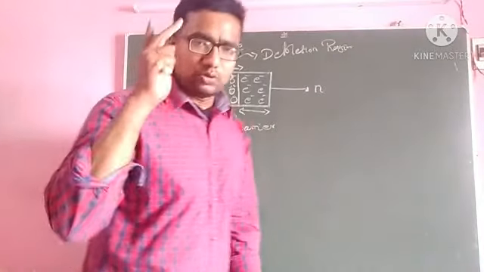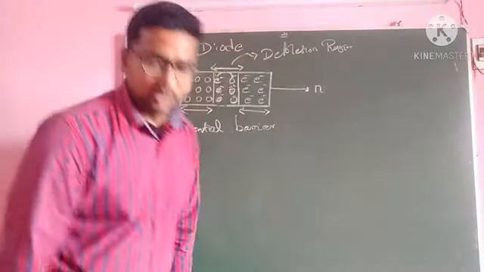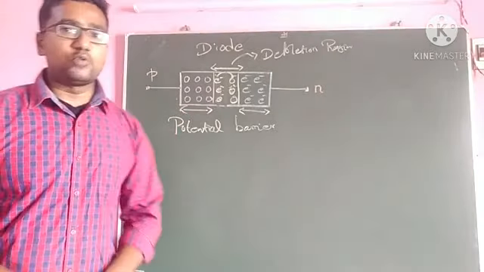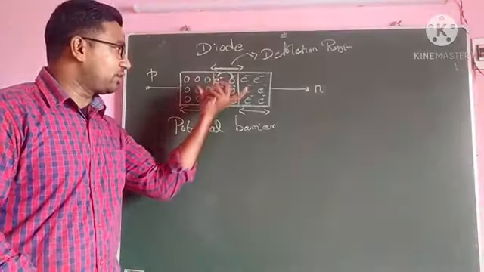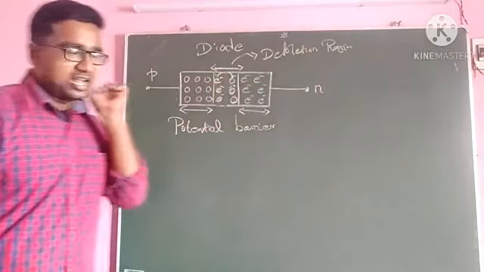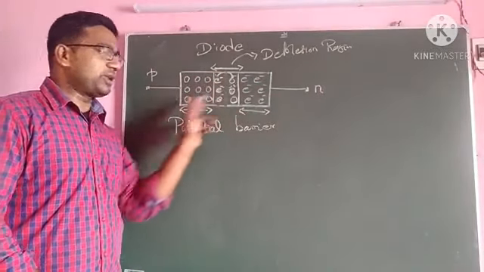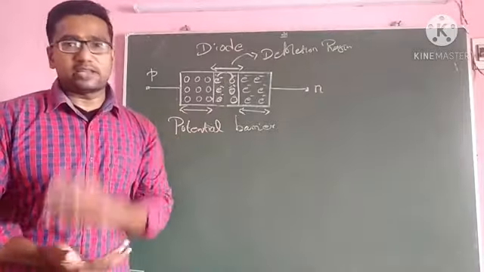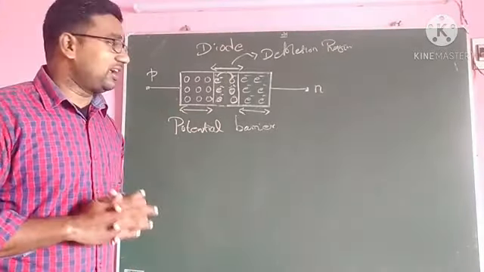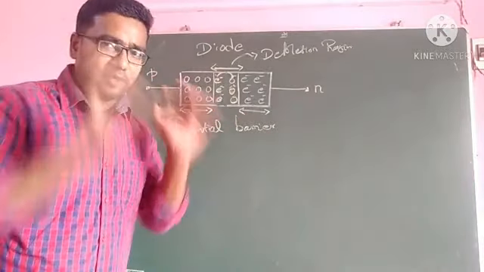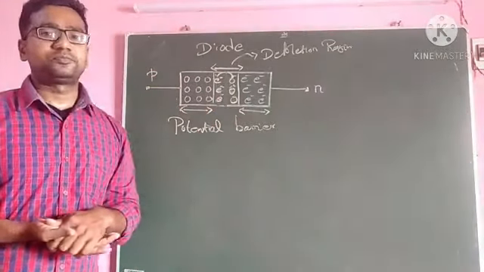When the two different types of extrinsic semiconductors are joined, you get two regions. One is the middle of the PN junction diode, which creates a depletion region, and the other is the end of the PN junction diode, which creates a potential barrier. Using this information, we are going to study the PN junction diode's performance and characteristics.